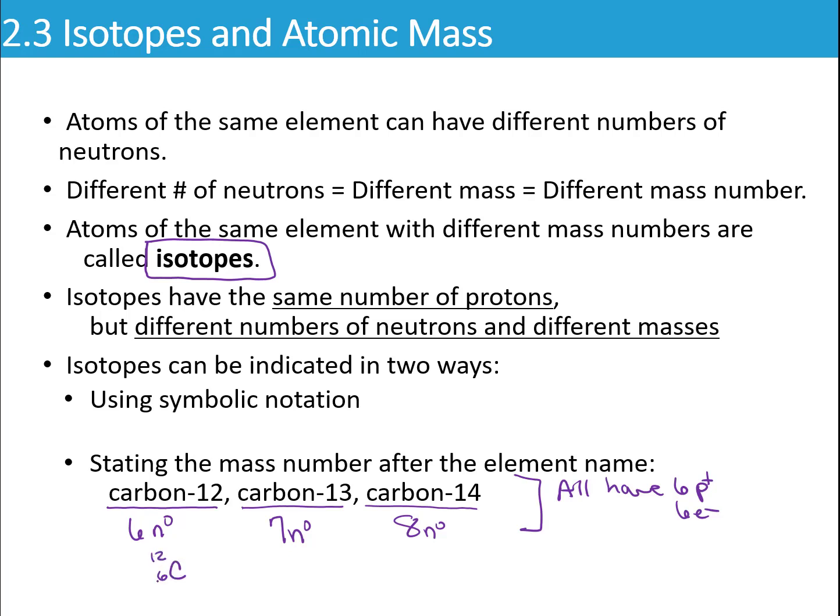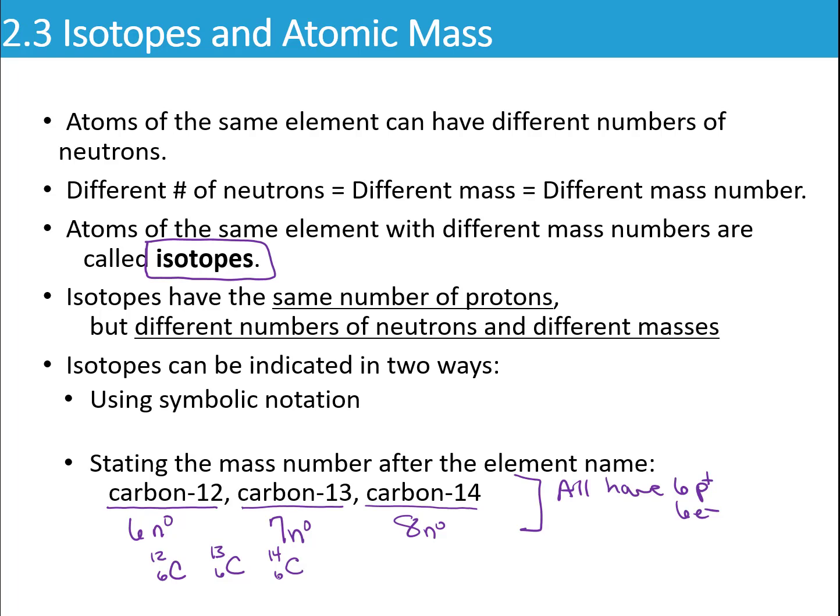So it would be like this: C with a 12 and a 6, C with a 13 and a 6, and C with a 14 and a 6. So notice they still all have 6. They still all have 6 protons and 6 electrons, but they have different mass numbers because they have different numbers of neutrons. So we can write them in either format.